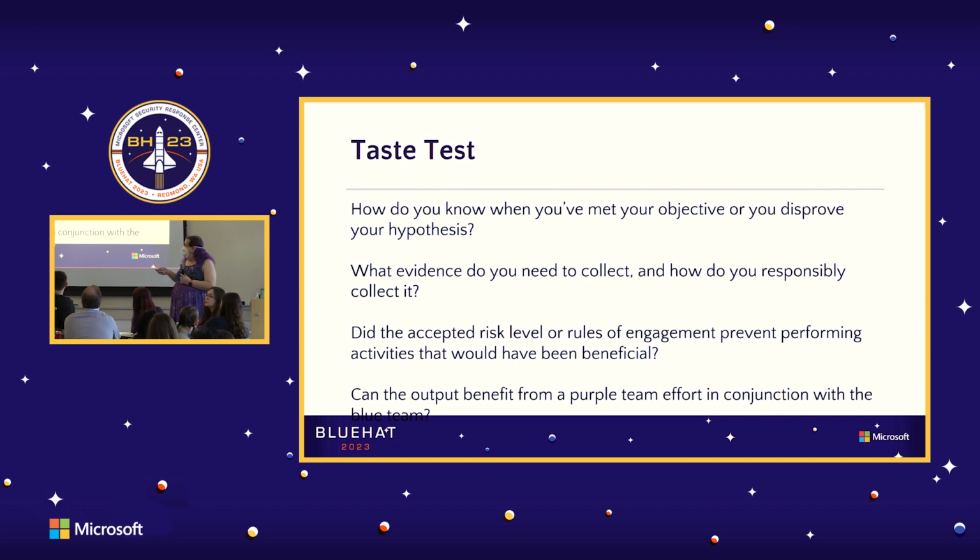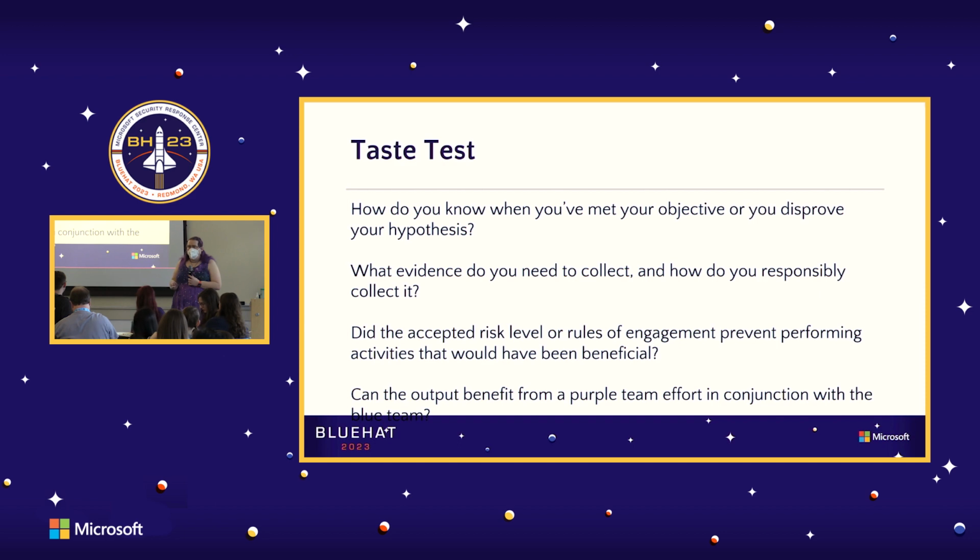And is there something where your output can benefit from a purple team exercise? I like working with the blue teams. I think my job is to make sure that they are trained and honed as much as possible in a lot of cases. If I can do an exercise where I'm involving them, or know that this operation is going to have a dedicated response phase where we feed them intel and say, come and find us, and then we can play cat and mouse together for a while, is that going to be part of your operations?